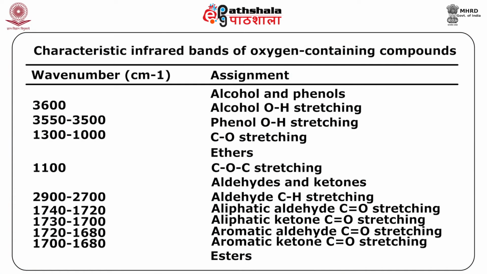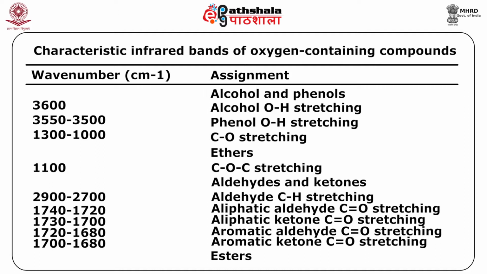Now students, aldehydes, ketones, carboxylic acids, esters, lactones, acid halides, anhydrides, amides and lactams, they all fall in the range of carbonyl compounds and show a very strong C=O stretching band in the region of 1630 to 1870 cm⁻¹.